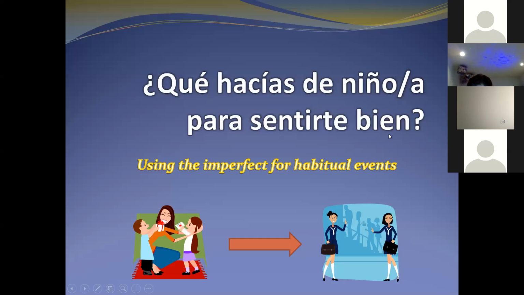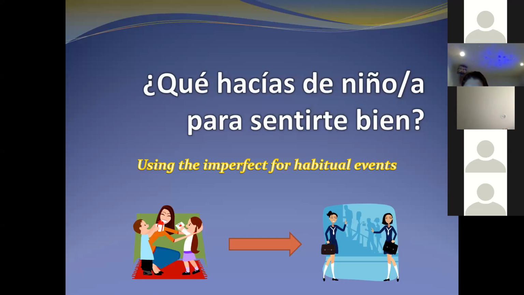Can you see the slide there? Caitlin, can you see the slide? Nate, can you see the slide? Awesome. Okay. ¿Qué hacías de niño?